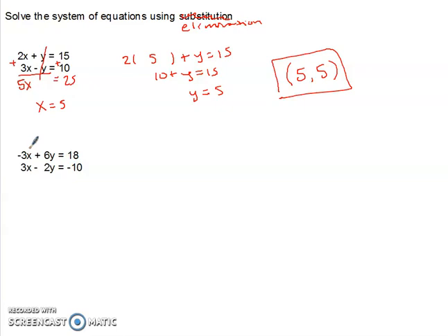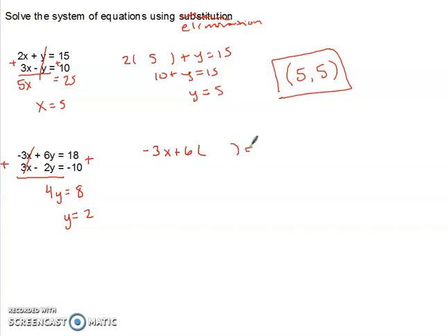In my next and last example, I do see that the 3 x's are additive inverses. I have a negative 3 and a positive 3, so when I add, those x's are eliminated. 6y plus a negative 2y gives me 4y. And then adding on the right, 18 plus negative 10 is 8, which means that y is equal to 2. So then I go back and I solve for x.